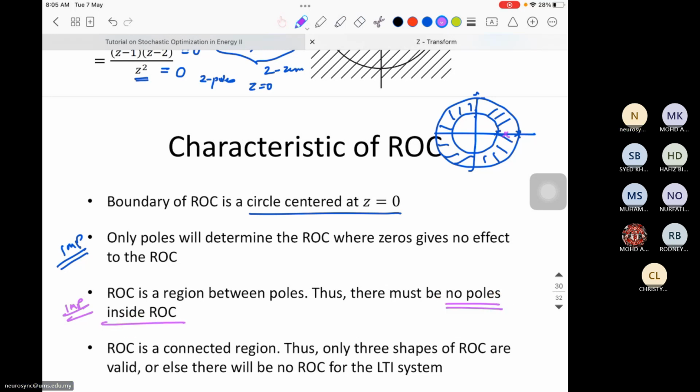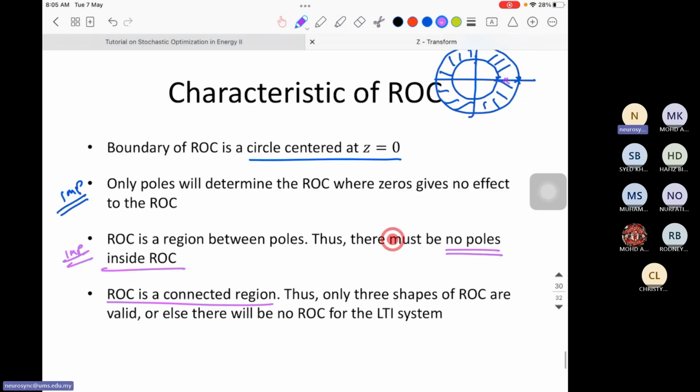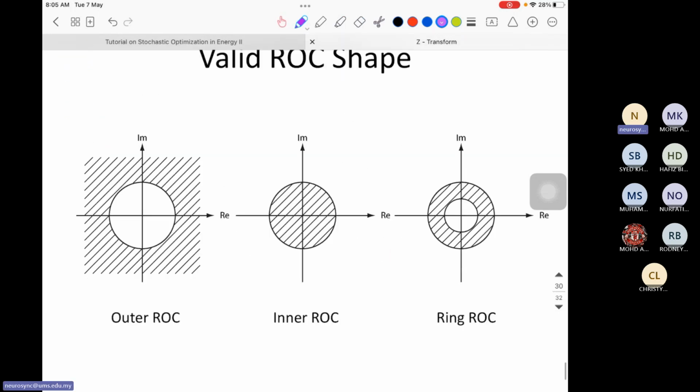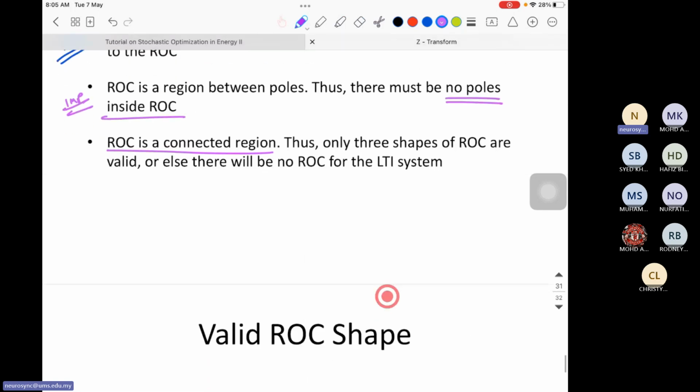The ROC is a connected region. This is also very important. So the ROC is a connected region and only three shapes of ROC are valid. So these three shapes are valid for the region of convergence.